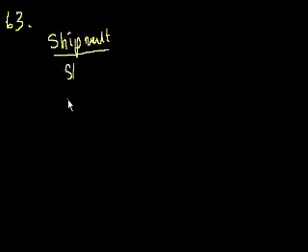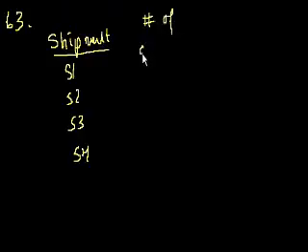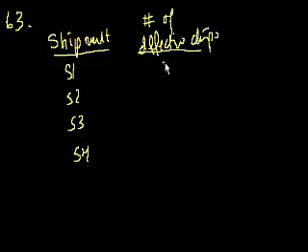Okay, so let me write down what they wrote so that we see the same thing. Shipments, and they label them S1, S2, S3, and S4. And then the number of defective chips in the shipment: 2, 5, 6, and 4.